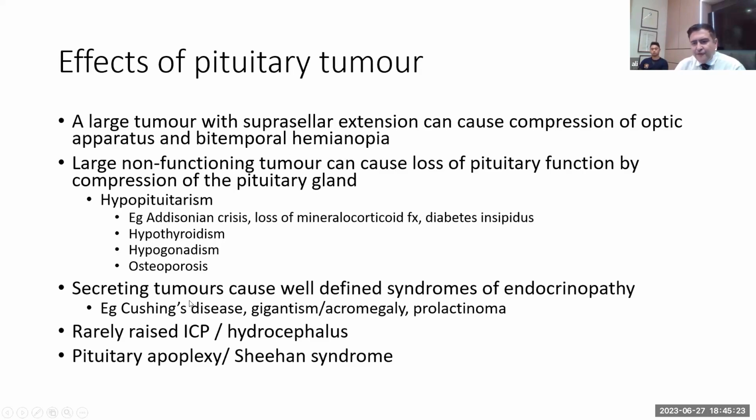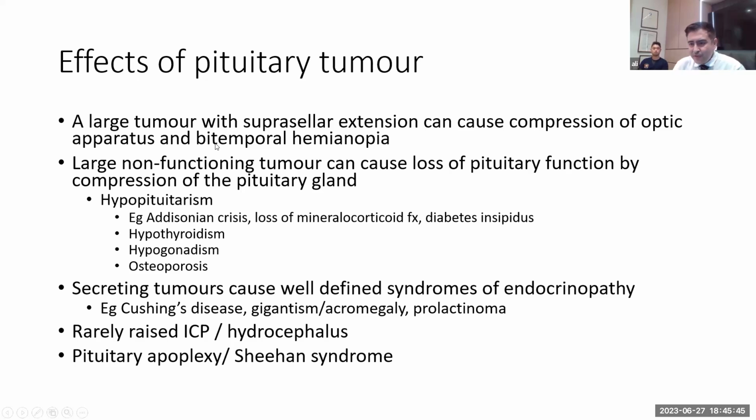So what are the effects of a pituitary tumor? Through this evening's talk, we will see some clinical cases and we will elaborate on that, but a large tumor that is growing upwards from the sella towards the chiasm can cause compression of the optic apparatus.